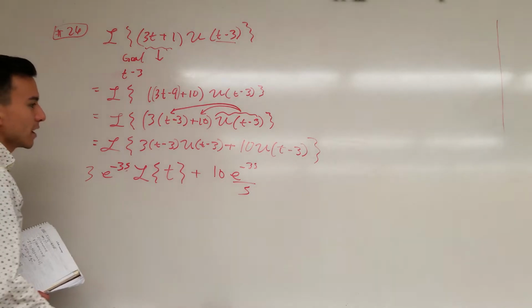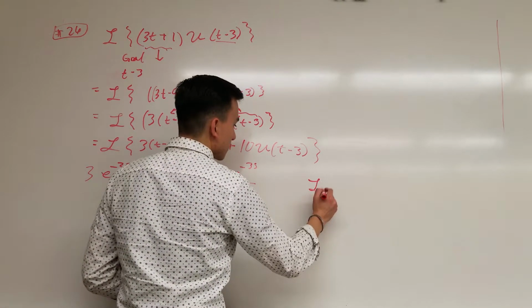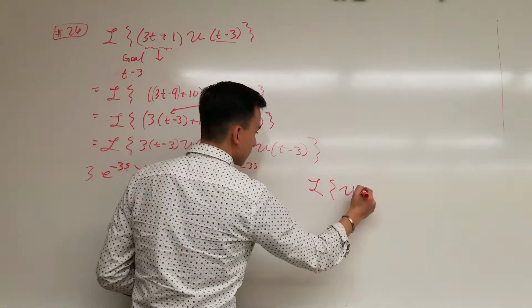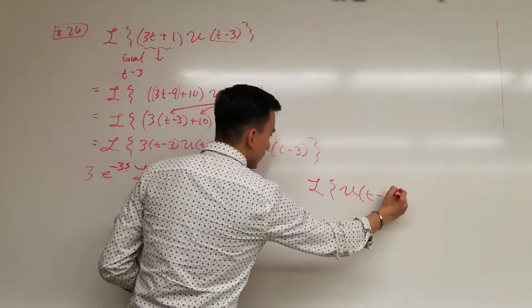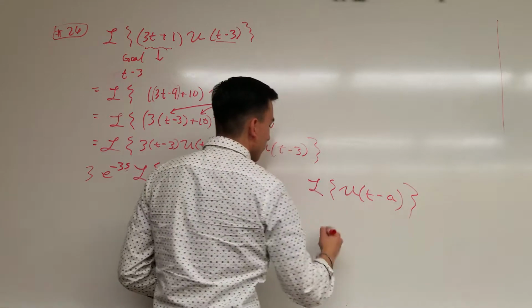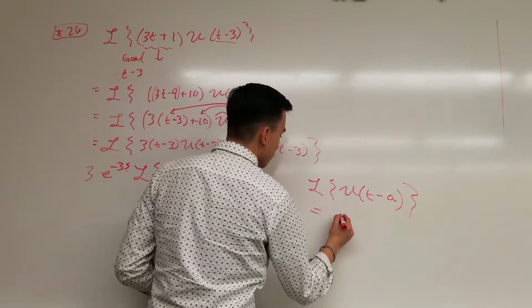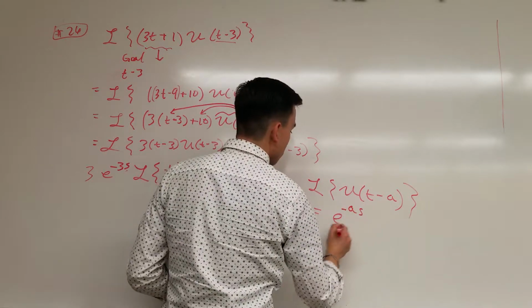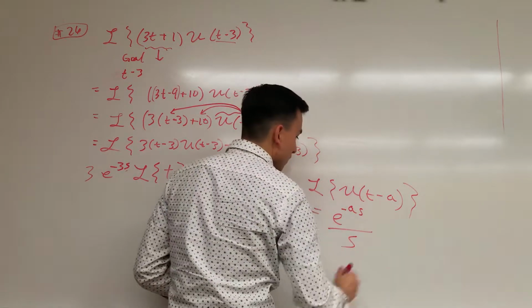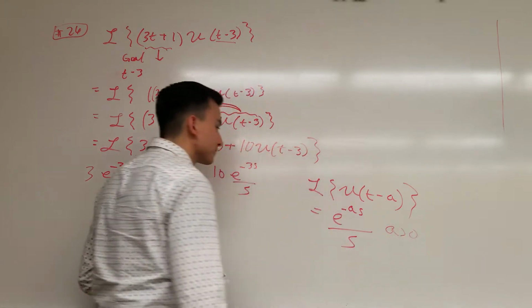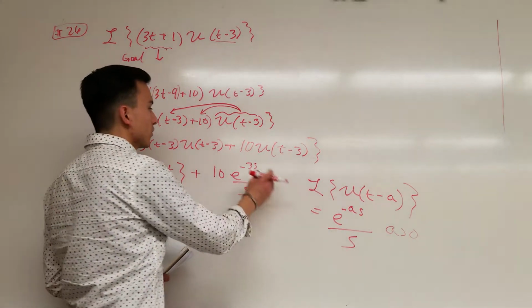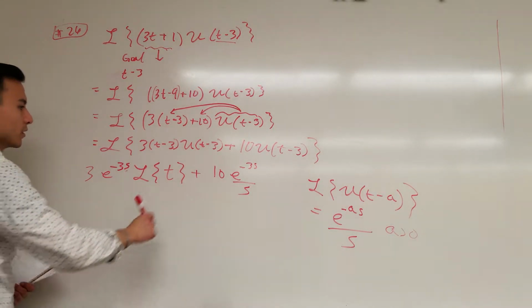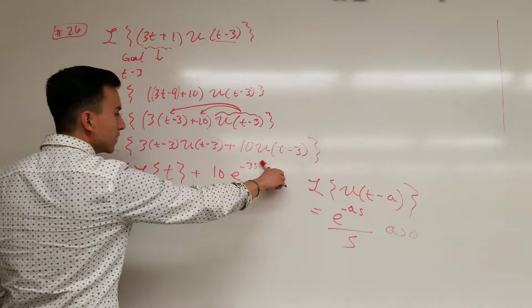Because like we said, the Laplace of the unit step function is going to give us e to the negative as over s, where a is greater than 0, right? So we're Laplacing this 10u, right?